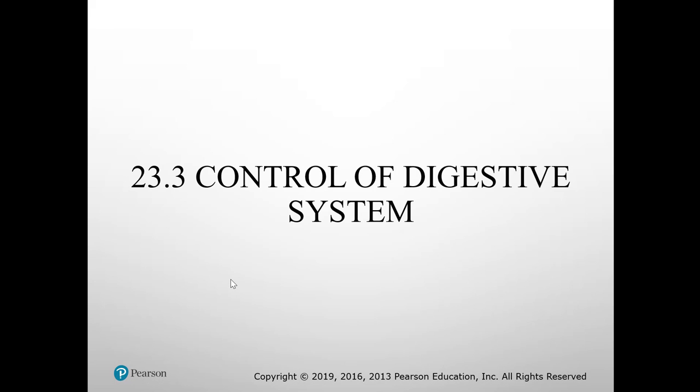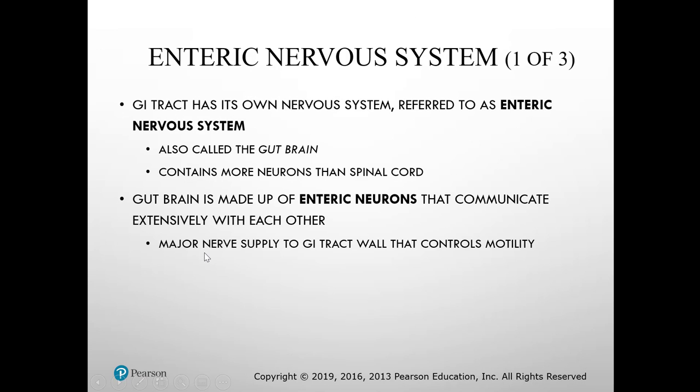So, how is the digestive system controlled? First of all, guys, your GI tract has its own nervous system, and it is referred to as the enteric nervous system. They call it the gut brain, right? It has more neurons, really, than the spinal cord altogether.